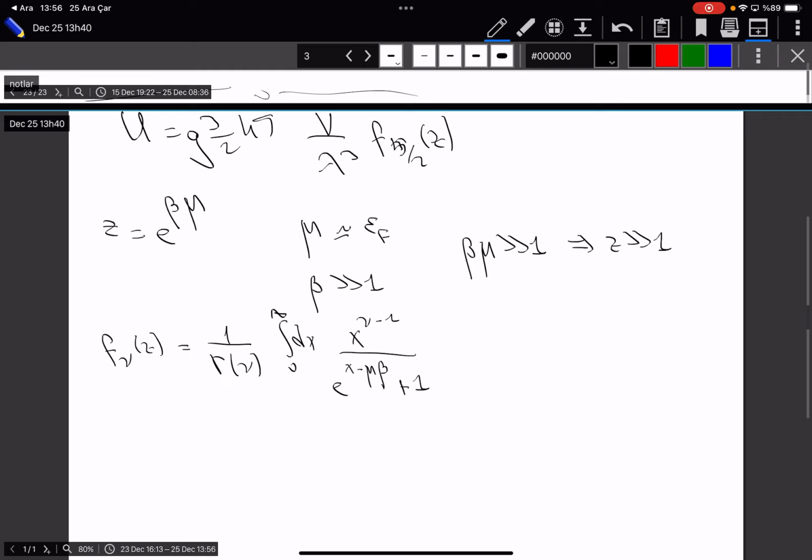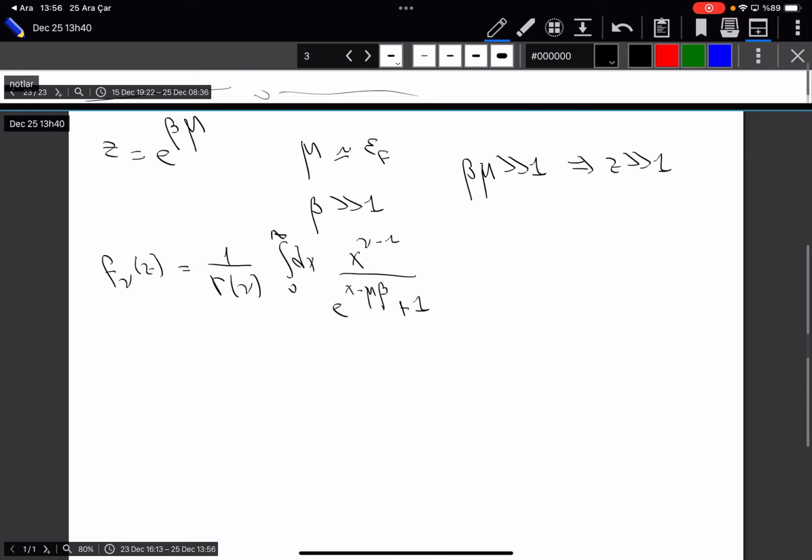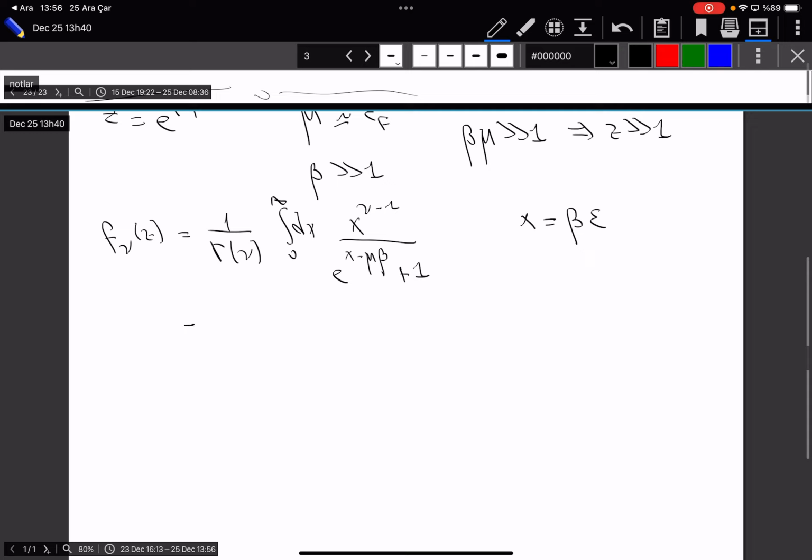Now, the first thing we should note is that, let me first go back to epsilon. X, I will define as beta epsilon. It will be intuitively easier. This will be 1 over gamma nu beta to the power nu, integral from 0 to infinity d epsilon, epsilon to the power nu minus 1 divided by e to the power beta epsilon minus mu, plus 1. This is what we need to calculate.